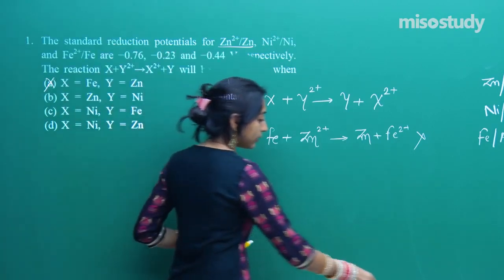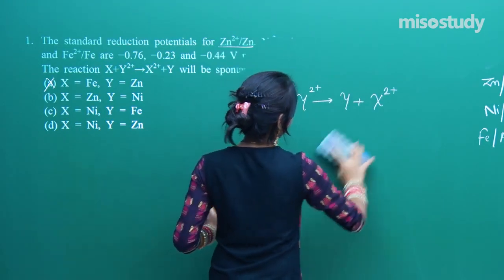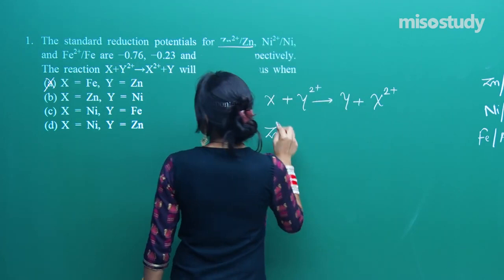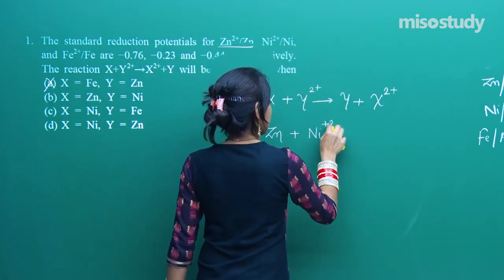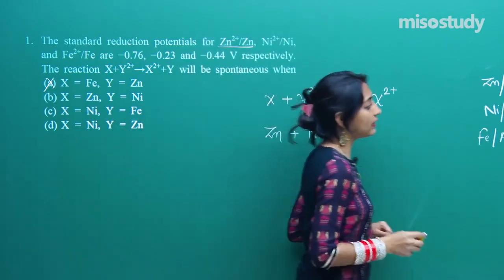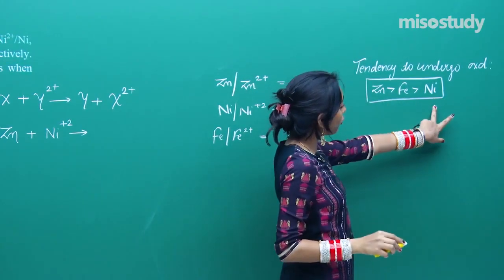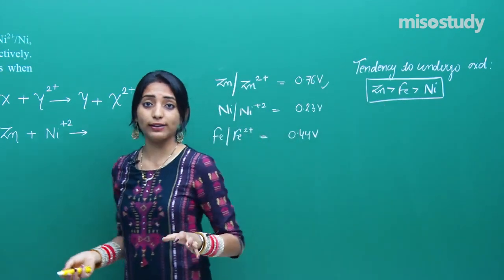Now let us compare the second part. Let me do the comparison one by one. If I am doing the second part, X is zinc and Y is nickel. See, compared to nickel, zinc has lots of tendency to undergo oxidation, right?